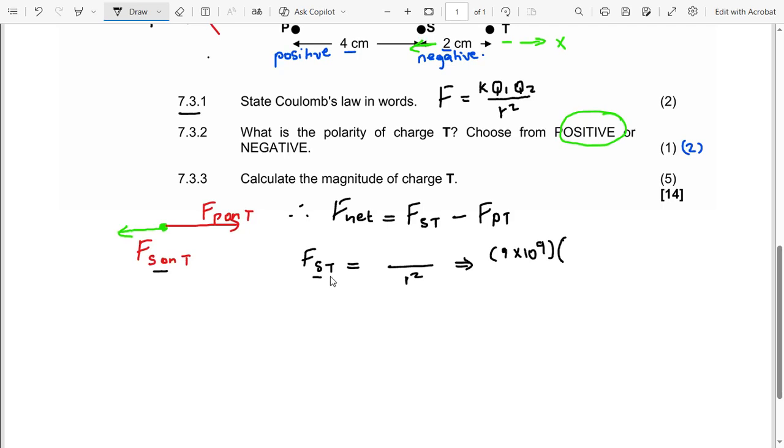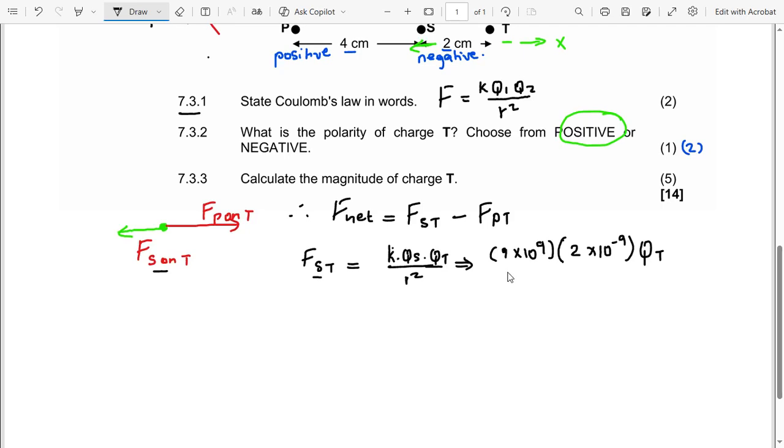The force of ST will be K times the charge of S times the charge of T. If I write it like that, you're going to have more understanding of what I'm doing. The charge on S was 2, and we take the 2 multiplied by 10 to the power negative 9. This is the conversion. We don't have the charge T, so I'm going to leave this as Q of T. This is what we are looking for.